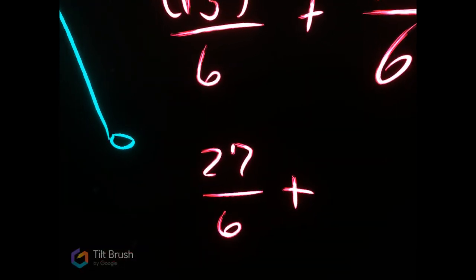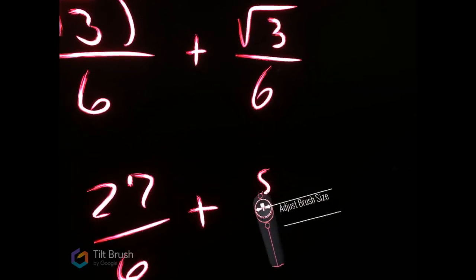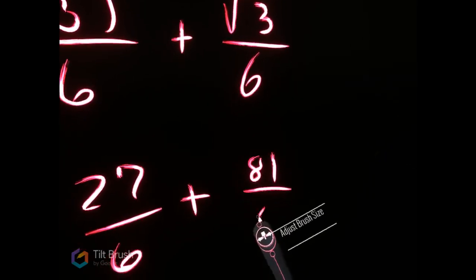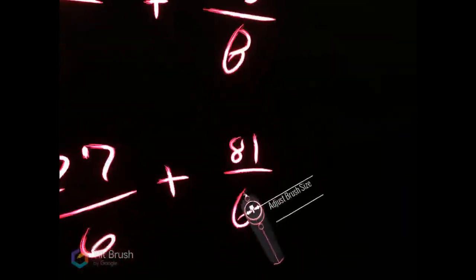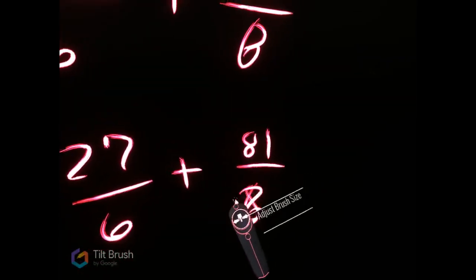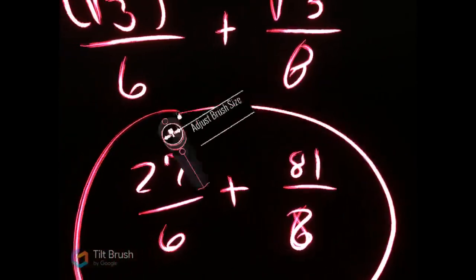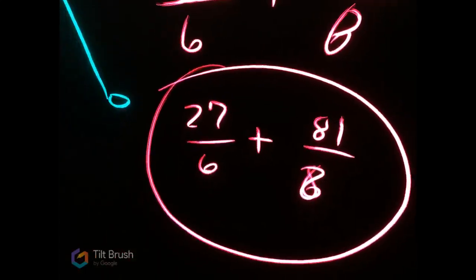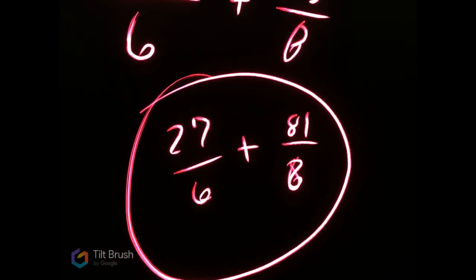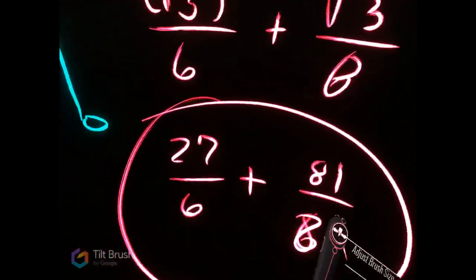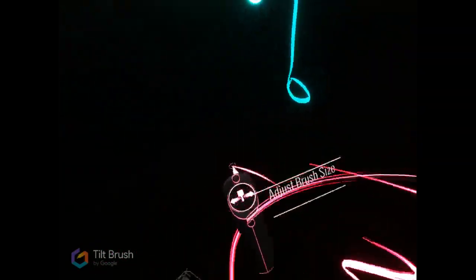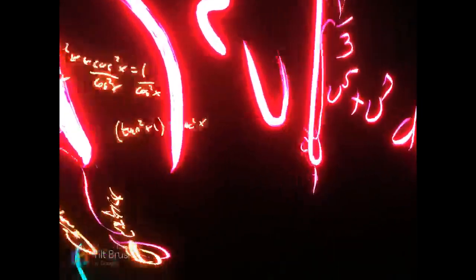We get 81, that should be an 8. And this is our answer. If I had a calculator, I would do it more simplified, but I don't really care, because that's not the hard part. Cool.